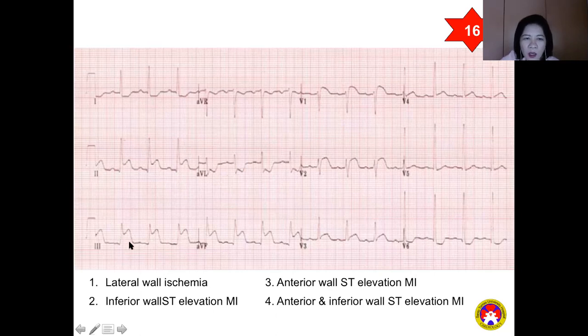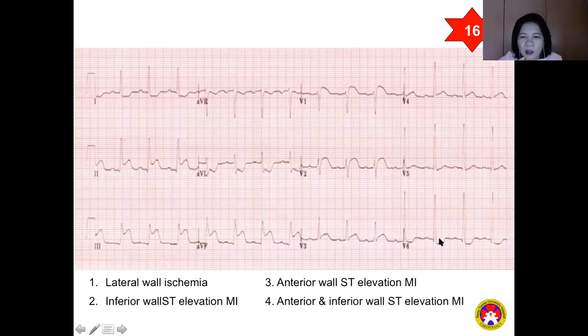So this is an inferior wall ST elevation myocardial infarction. But look at V1. You also have an ST elevation. In V2, you have an ST elevation. In V3 also, up to V4. So this is an anterior wall ST elevation myocardial infarction.